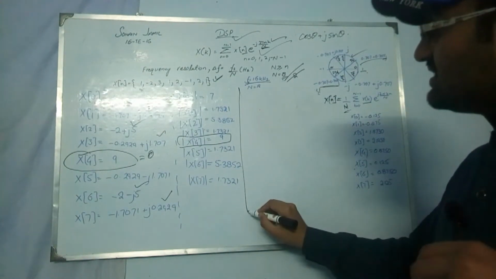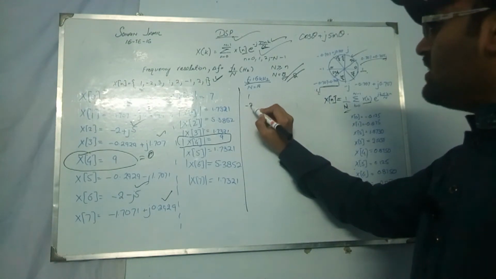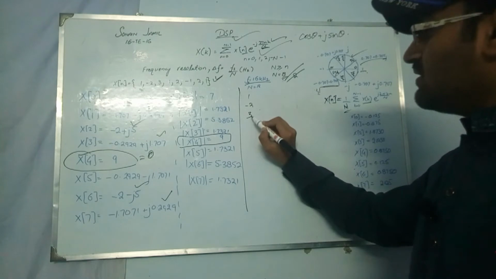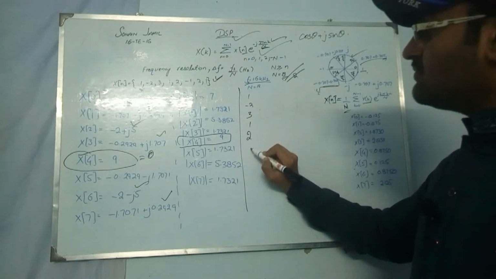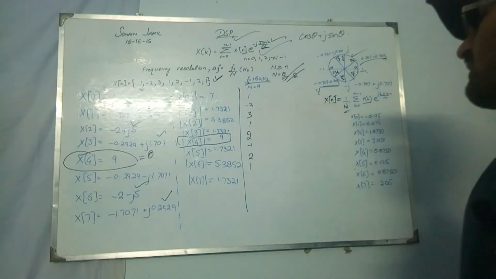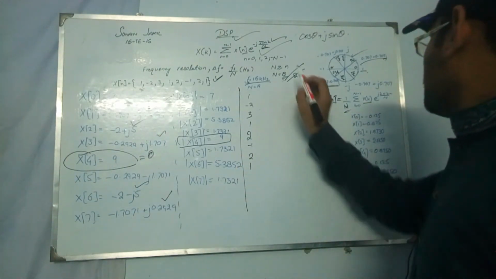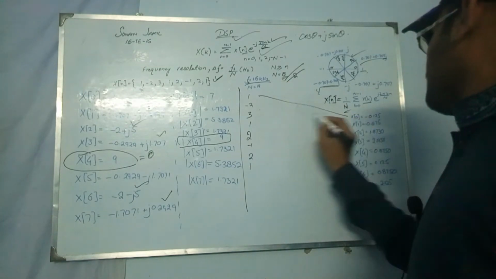Now as you can see, in the start I have this signal. When I made x of 4 equal to 0, I got these values.